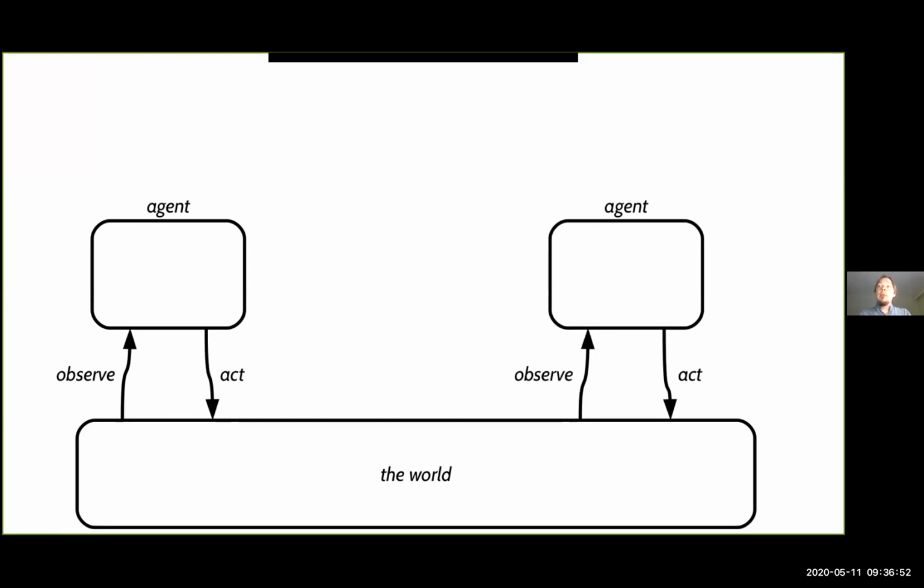And now, because we are multitasking, that is, we have interleaved tasks and we need to switch between these tasks, we can represent this sort of situation by defining another agent that also observes the world and acts within the world.